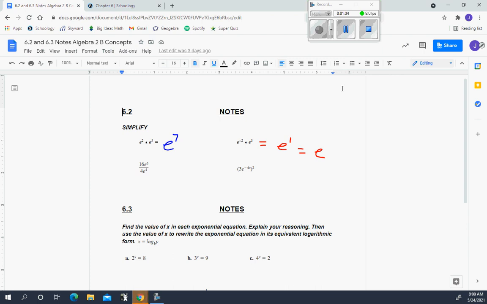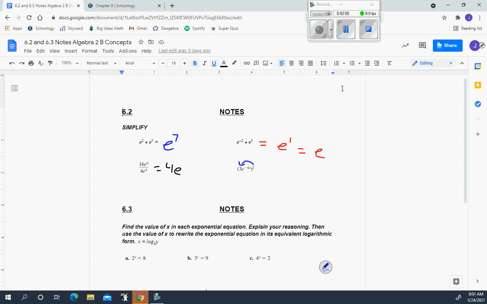The next one, we can divide 16 and 4. Right there, 16 divided by 4, that's 4. But then we have e to the 5th over e to the 4th. So we're left with just 1e. That's all it is. Okay, so we should be all right on this. Next one, we have 3e to the -4x raised to the 2nd power. So we kind of distribute that too.